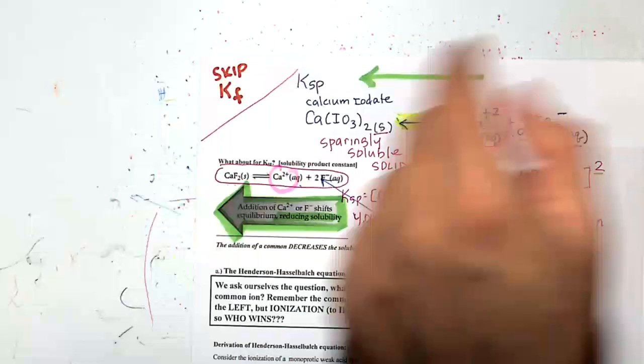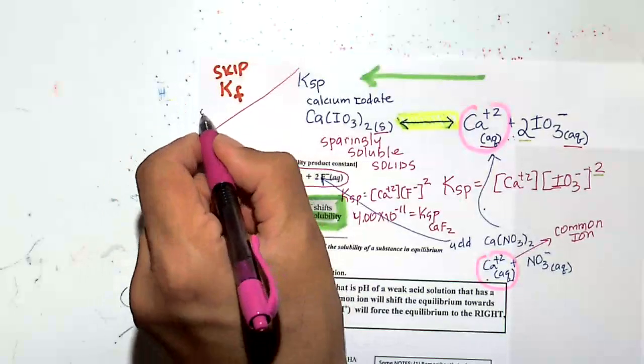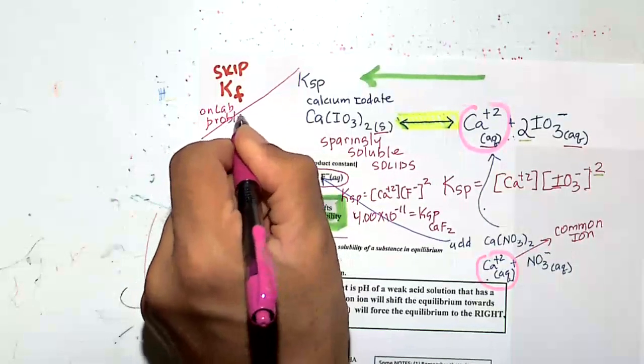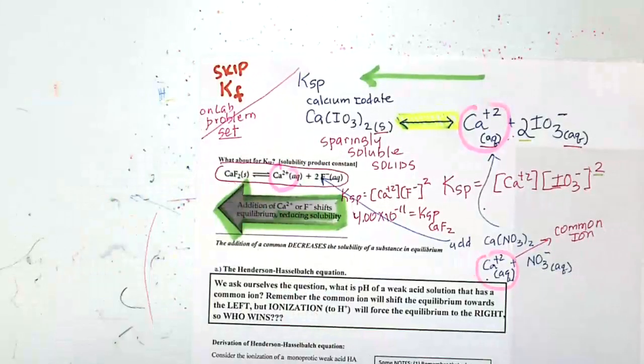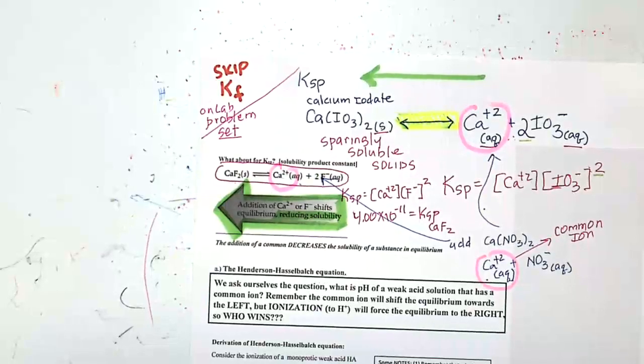We're already behind, so you can skip Kf on the lab problem set. So, back to lecture. You can skip any type of Kf problem, so don't do it, and don't have your lab partners do it.